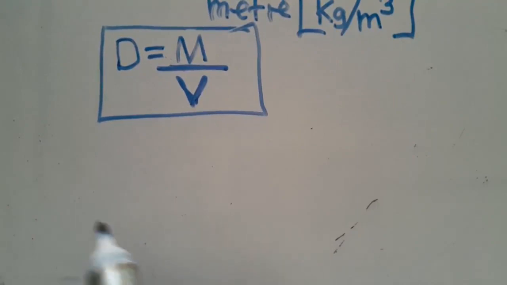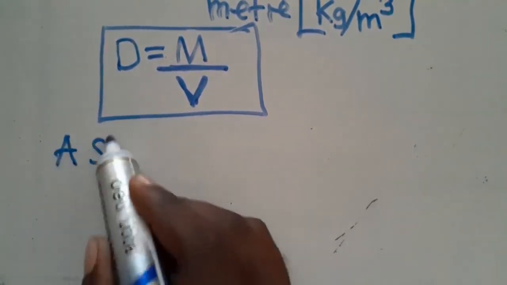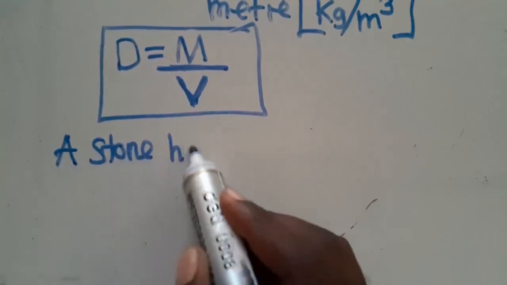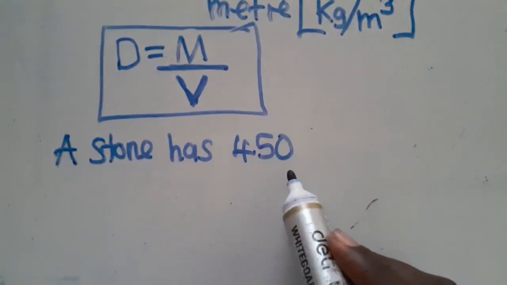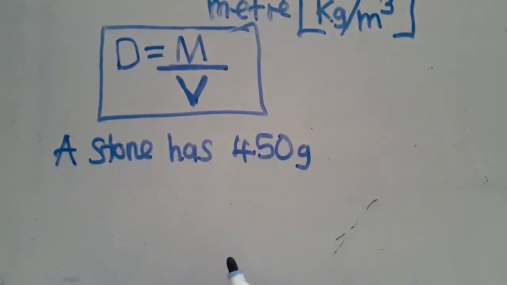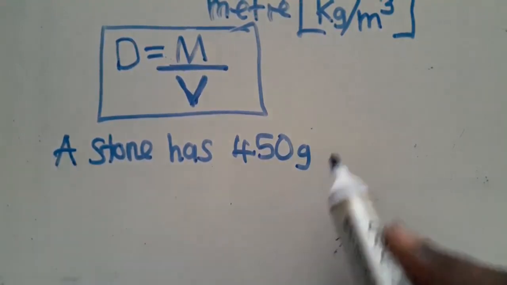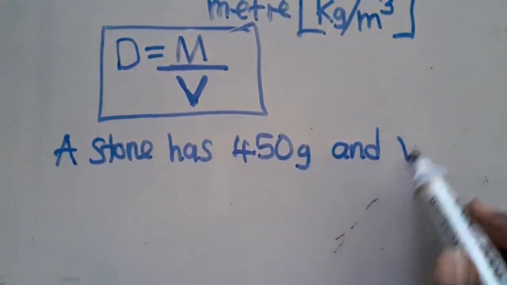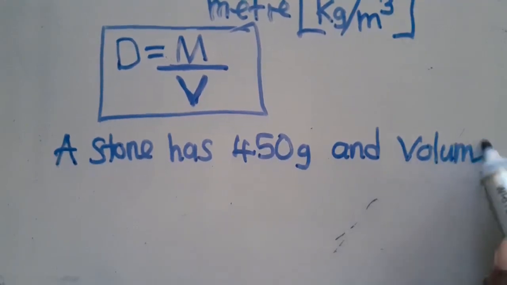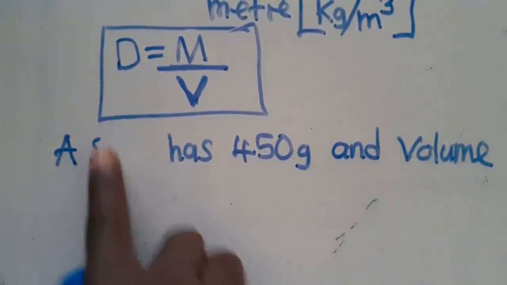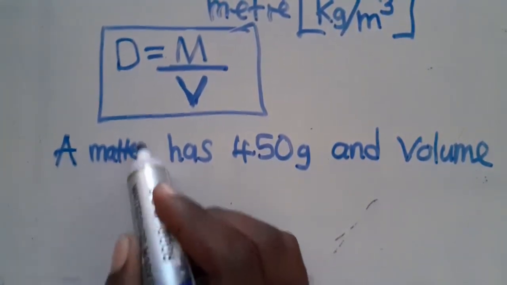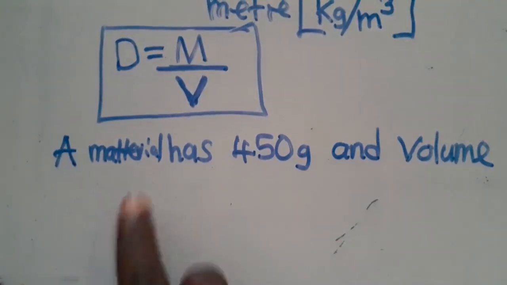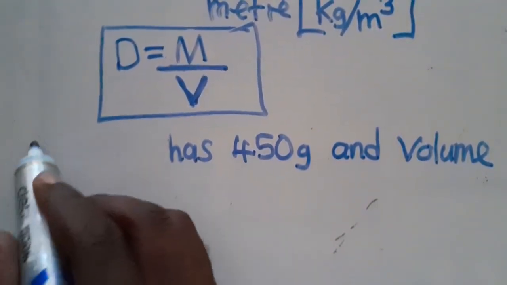So I will say a stone has 450 grams. And volume, so I'll say a material instead of stone.